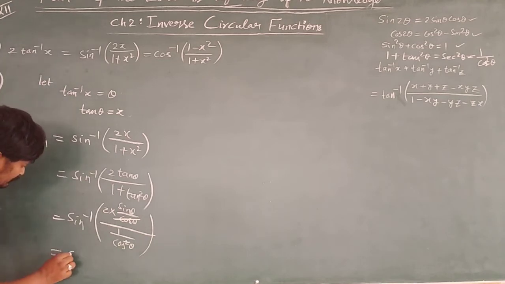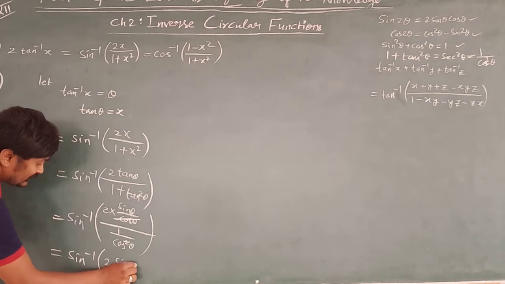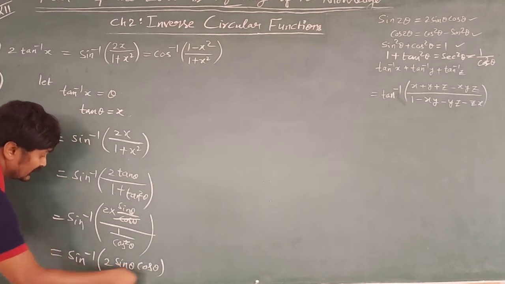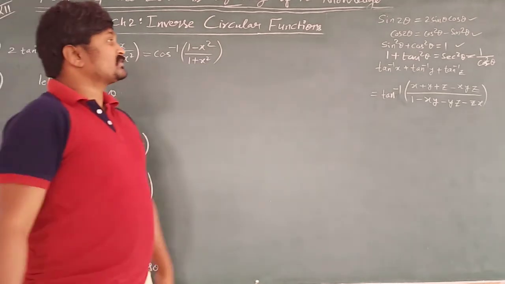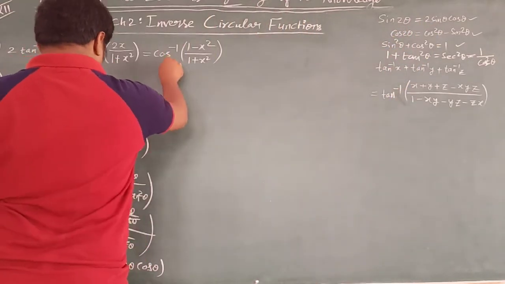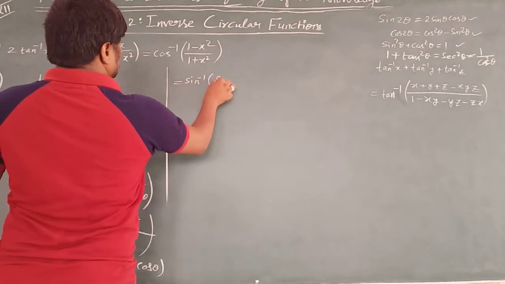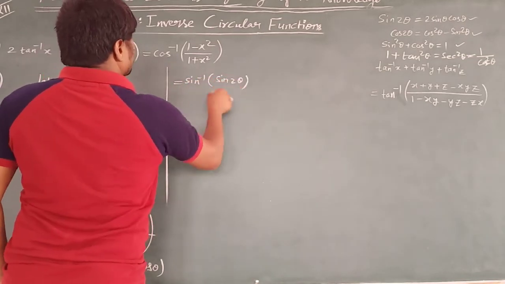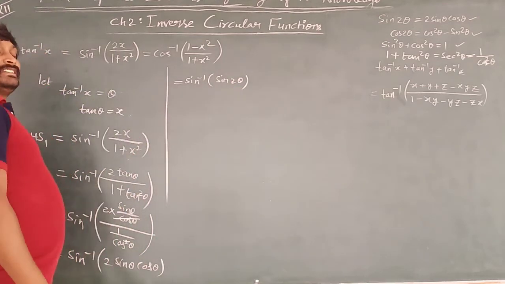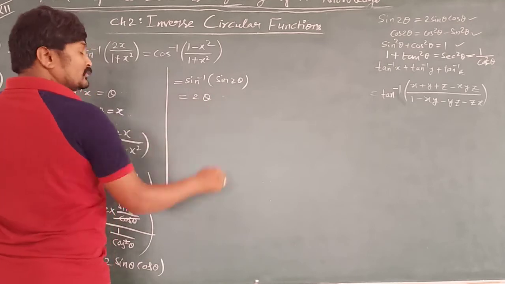Then what you get is sin inverse 2 sin theta cos theta. 2 sin theta cos theta is nothing but sin 2 theta. So that is equal to sin inverse sin 2 theta, which is nothing but 2 theta.